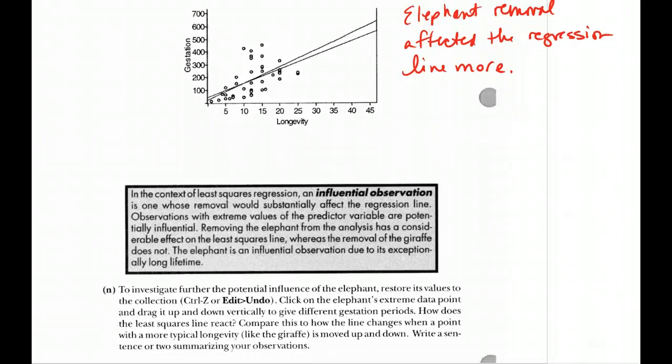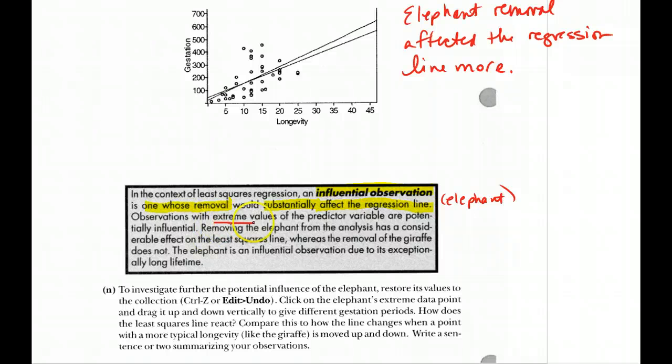Okay, so now we're going to learn about something called an influential observation. In the context of least squares regression, an influential observation is one whose removal would substantially affect the regression line. So in this case, it was the elephant. Observations with extreme values of the predictor variable are potentially influential.